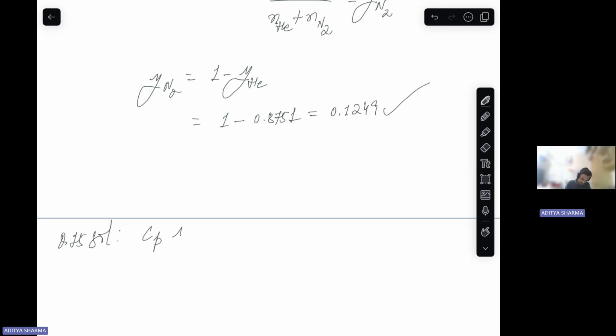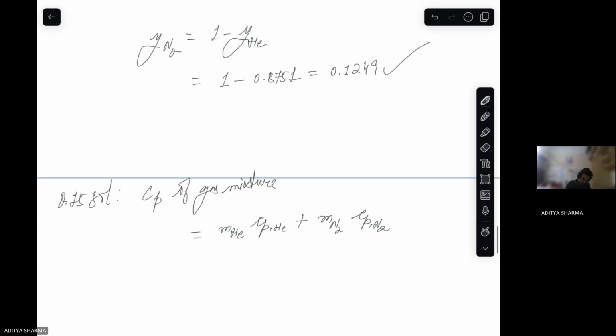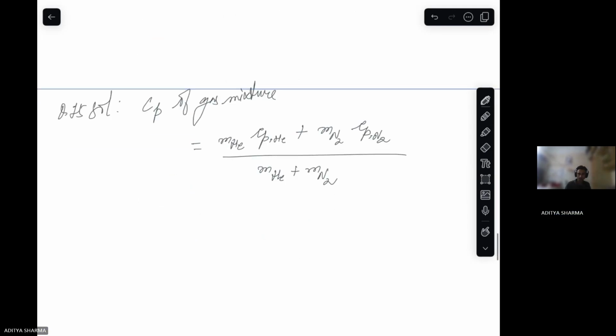So Cp of gas mixture basically is helium divided by mass of helium. Okay.